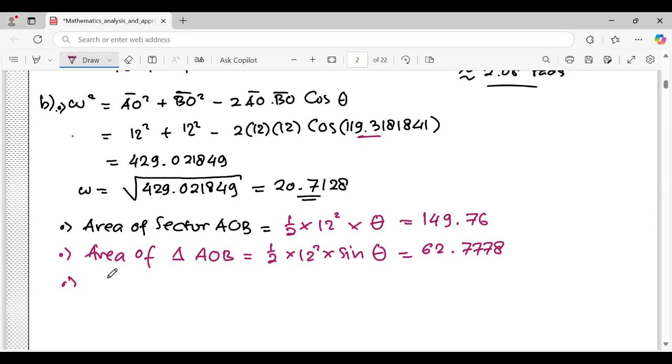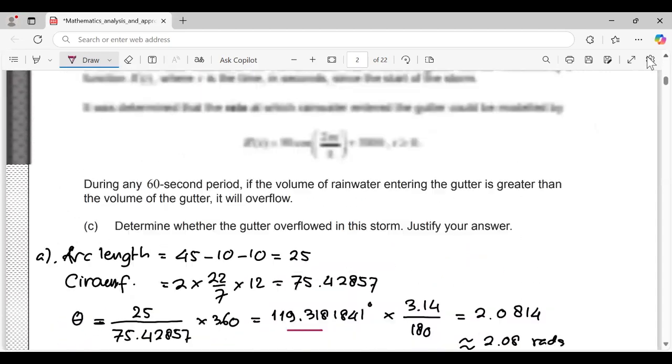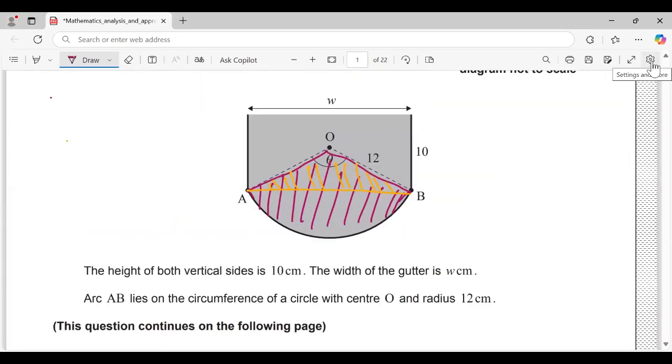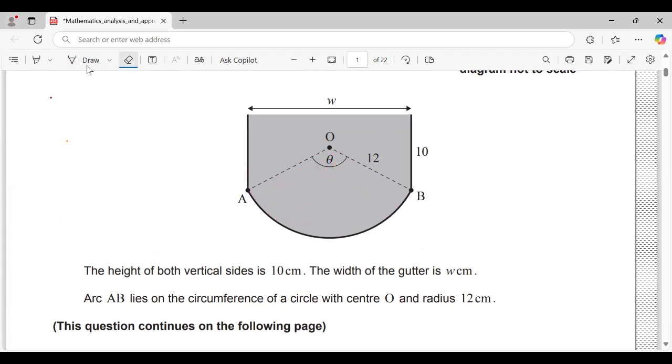And after that, the area of the segment. The segment is this one. I'm going to show you this area, this segment. I'm going to clean first. So we are going to find this segment, and after that, we're going to find the area of this rectangle.